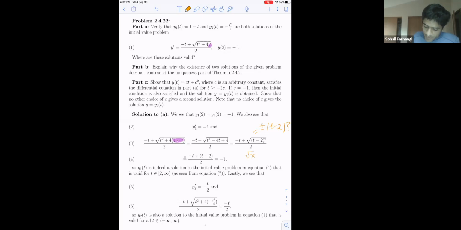Square root of x is bigger than or equal to 0. So the square root symbol, when we write it, by default, means take the positive square root. So this square root symbol that we have here is going to give us the positive square root. So it will equal t minus 2 if t minus 2 is bigger than 0.